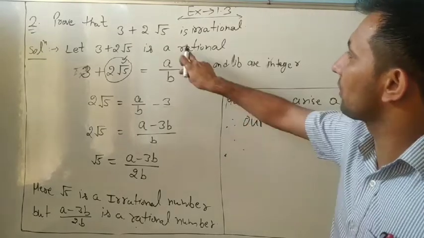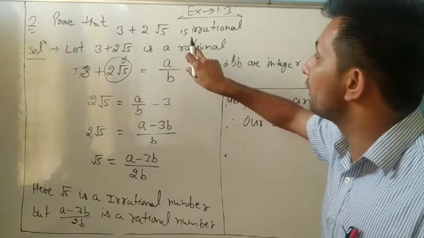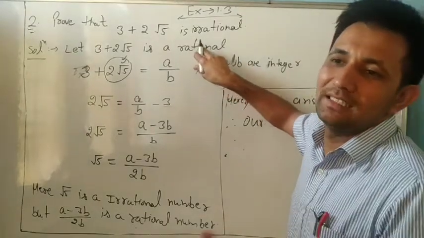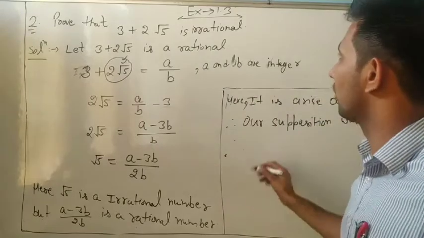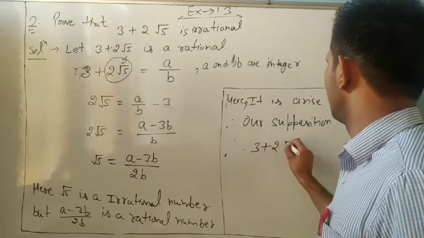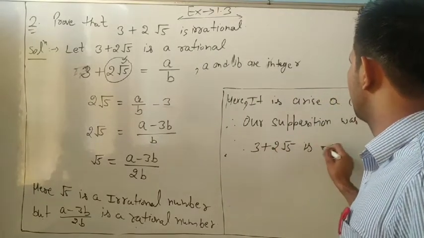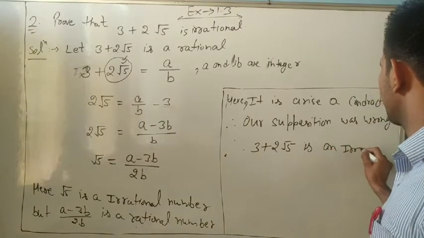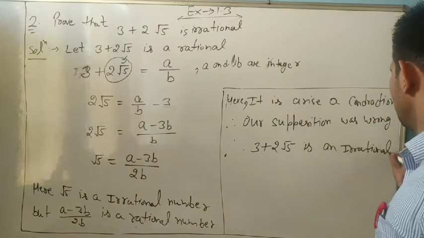And what was our position? It is rational. If it is wrong, a number is either rational or irrational. So therefore 3 plus 2 into root 5 is an irrational number.